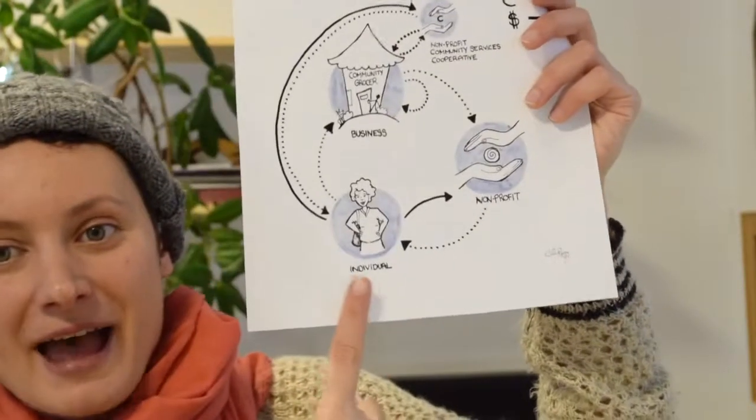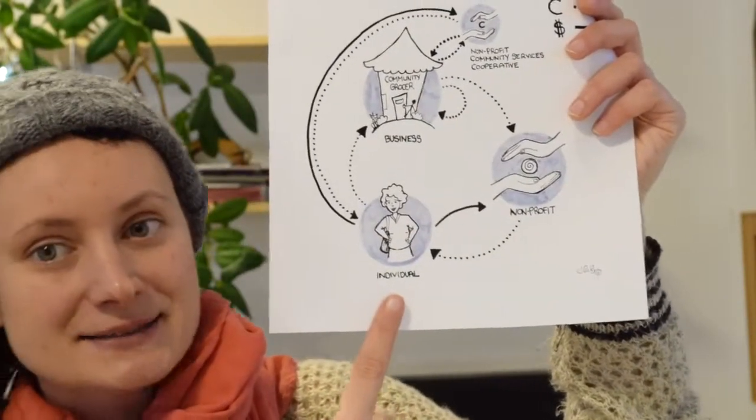And finally, we have our individual. So that's anybody in the community who chooses to circulate seed stock. So we've got our seed stock stewards, our community currency stewards, the Nonprofit Community Services Cooperative. We've got our regular nonprofits, we've got our individuals, and we've got our businesses, local businesses.